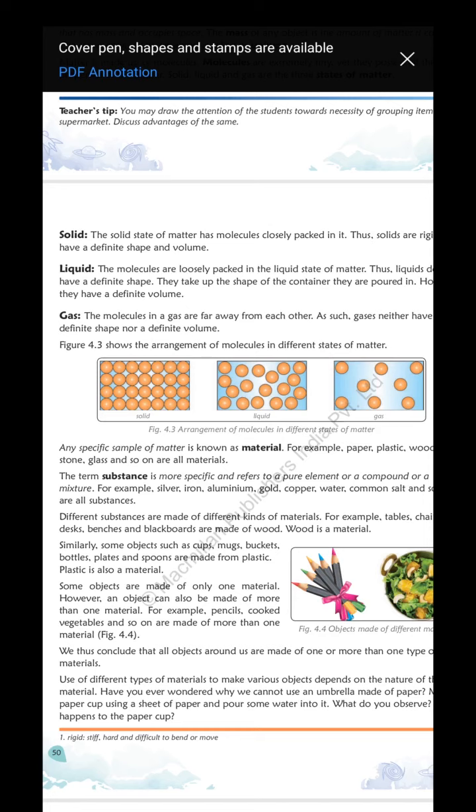So how can we sort materials? First we have to understand what a material is. It is a sample of matter, any sample: any solid, any gas, any liquid. All of those come under materials. The objects are called materials here.